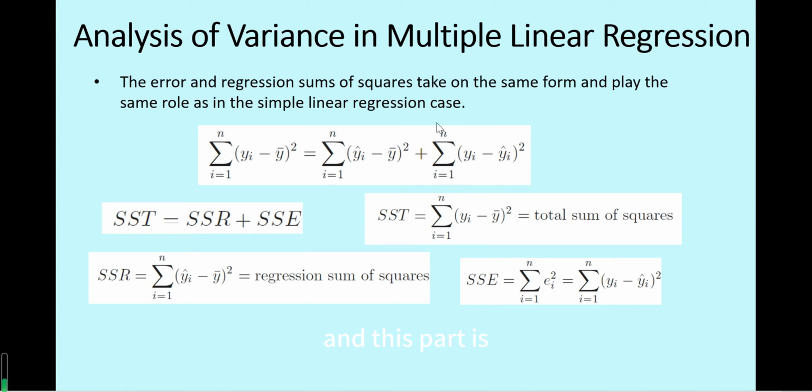And the last part is the error sum of squares, SSE, which is the sum of the squares of the differences between the observed y values and the fitted y values. This is the error term, which the model cannot explain. If SSE is very large compared to SSR, the model has very little power to capture the variance of y.